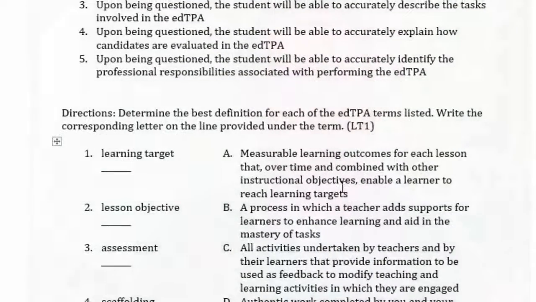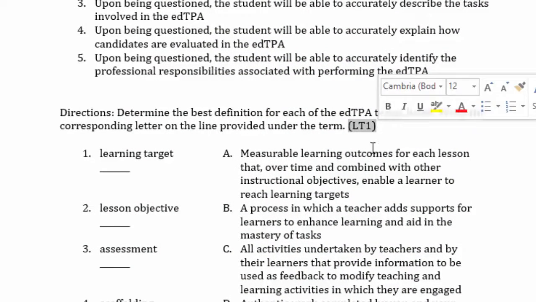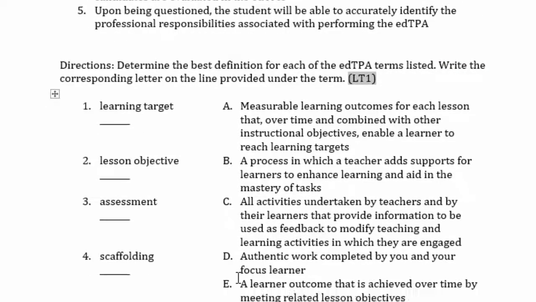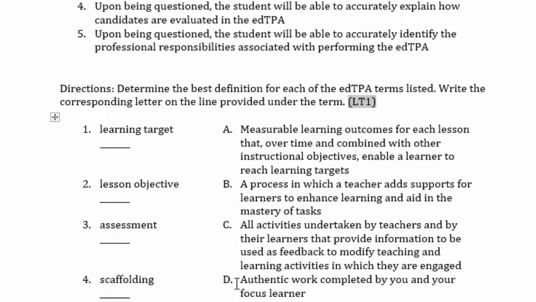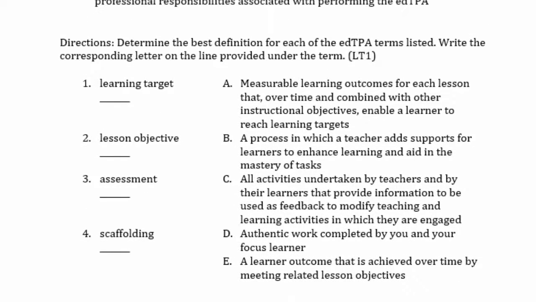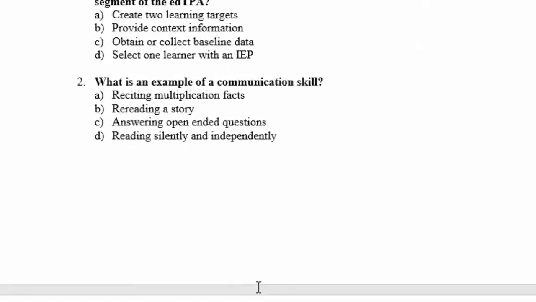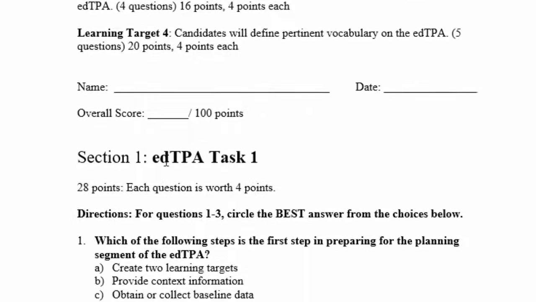And you'll notice how this person, she coded her questions. Like this matching section is for learning target 1, LT1. That way you only have to put your instructions once. As I think this is exemplar number 2, you can see that this person has organized it by EdTPA tasks, which isn't really what you're supposed to do.